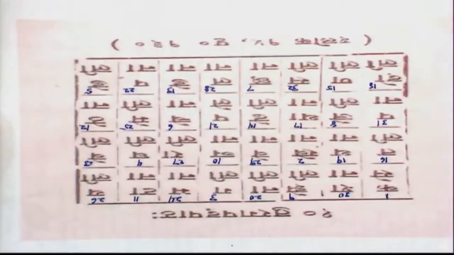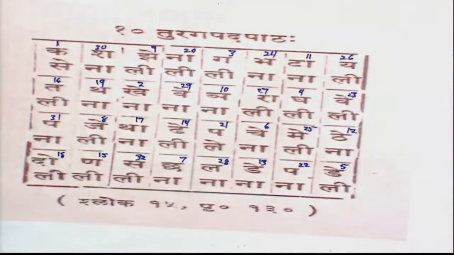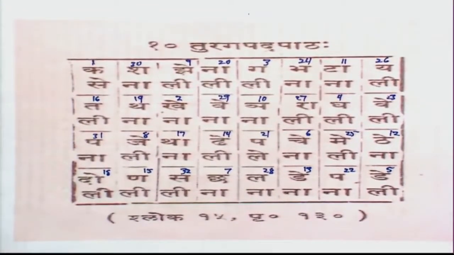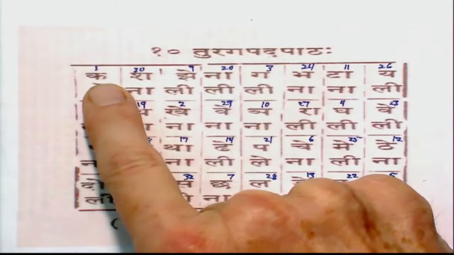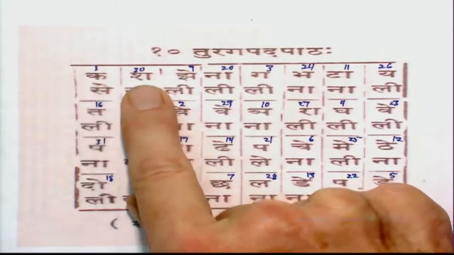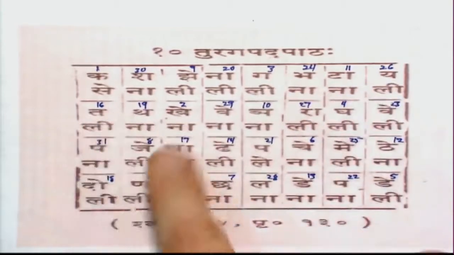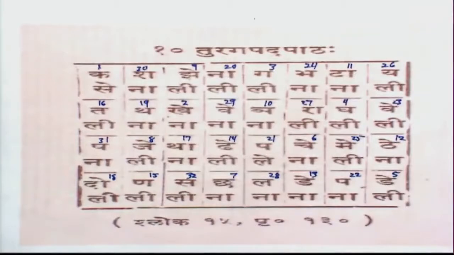So here's what appears at the back of this edition. On the upper line are these 32 syllables that had appeared, and each one is a different consonant in Sanskrit, and you read those in alphabetical order, which everybody knew.